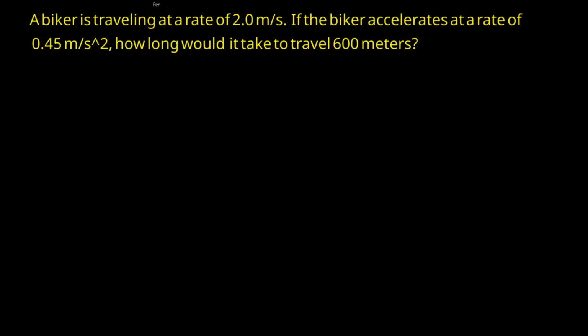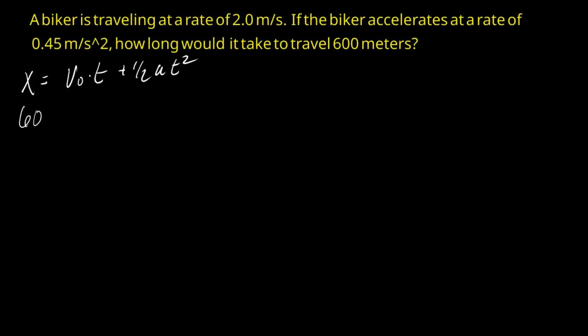Okay, let's start over. A biker is traveling at a rate of 2 meters per second. If the biker accelerates at a rate of 0.45 meters per second squared, how long will it take to travel 600 meters? All right, let's say x equals the initial velocity times time plus 1/2 of the acceleration times time squared.